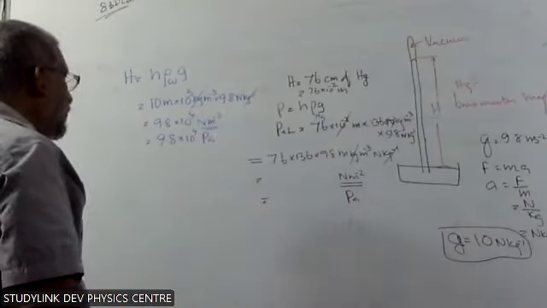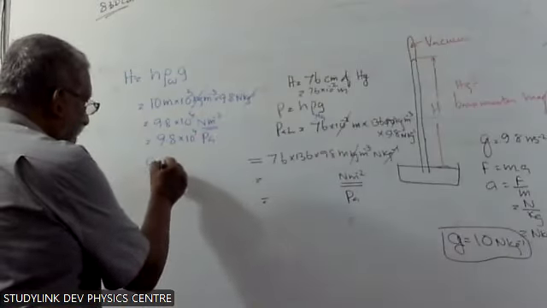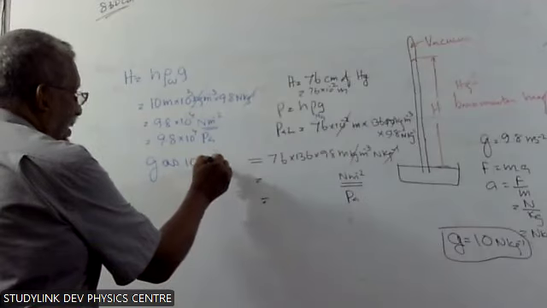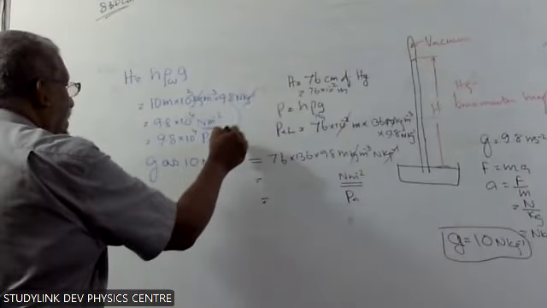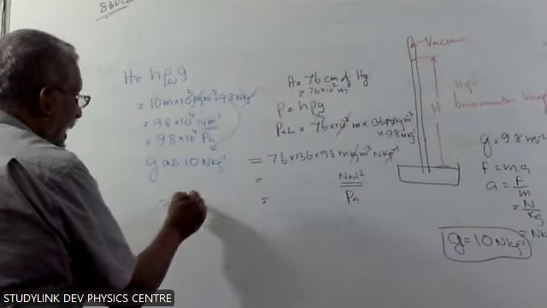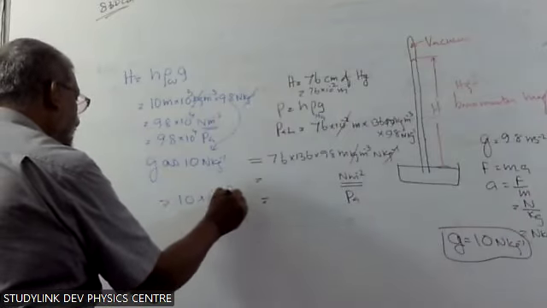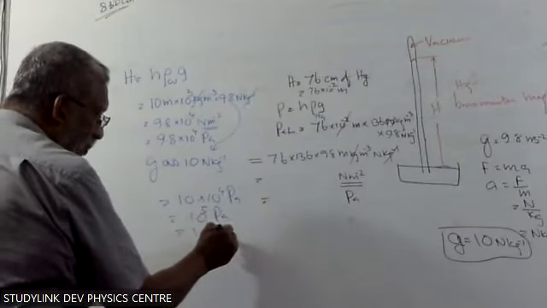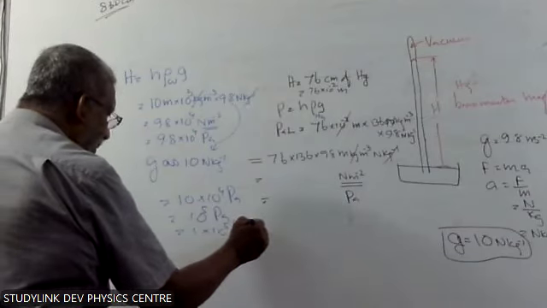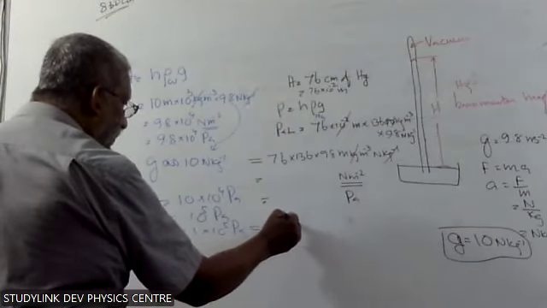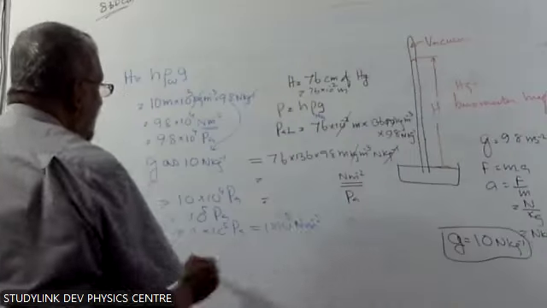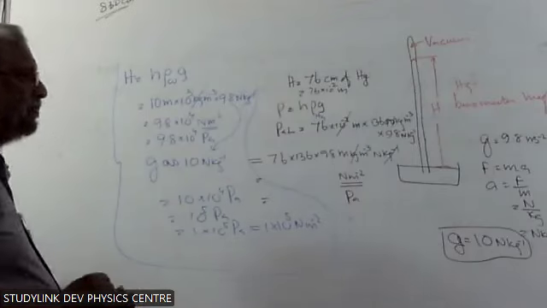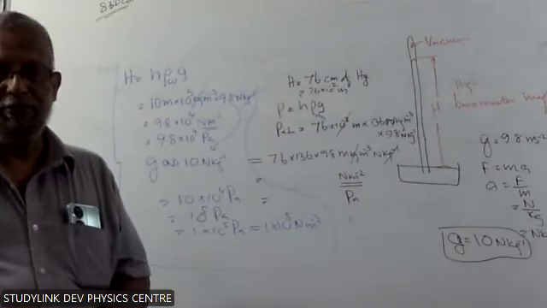But sometimes if you consider G as 10 Newton per kilogram instead of this, then the answer is 10 into 10 to the power 4 Pascal, or 10 to the power 5 Pascal, or sometimes 1 into 10 to the power 5 Pascal, that is equal to 1 into 10 to the power 5 Newton per square meter. So this is when the water barometer height is given. That is atmospheric pressure.